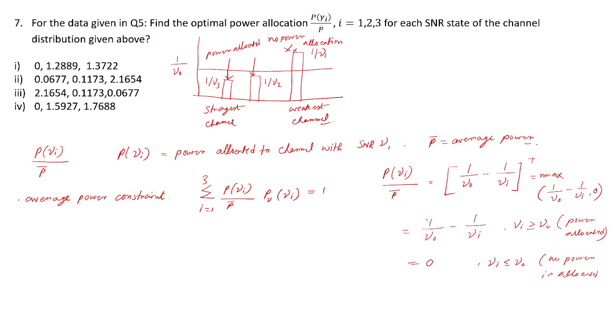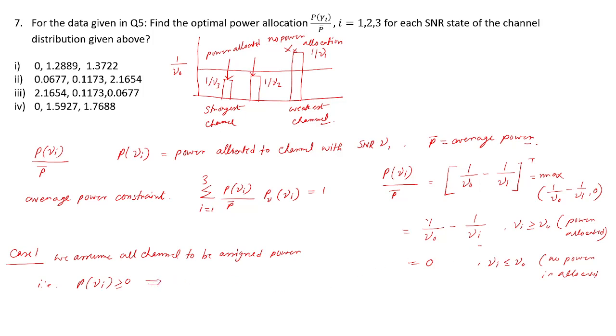Now how do you find the optimal power allocation? Since there are only 3 instantaneous SNRs, we can first assume that all channels have been assigned power, correct? Case 1: we assume all channels to be assigned power, that is P of gamma I is greater than 0.